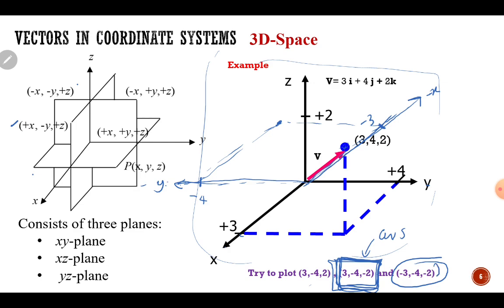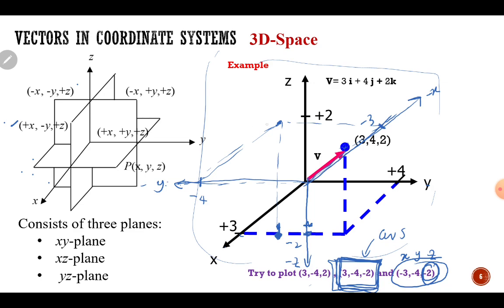Negative 2 ni is for Z. Negative 3 is for X, negative 4 is for Y. So negative 2 maknanya dia extend down our negative Z here. Somewhere here, negative 2, ke bawah. So maknanya it going down over here.